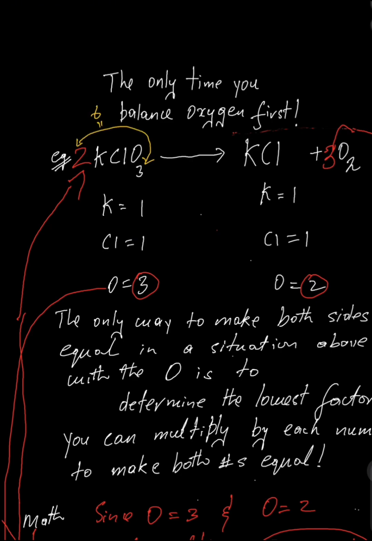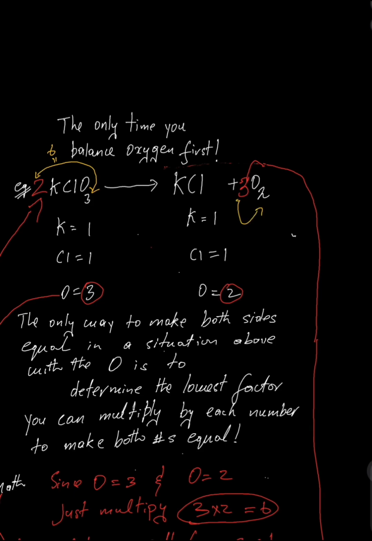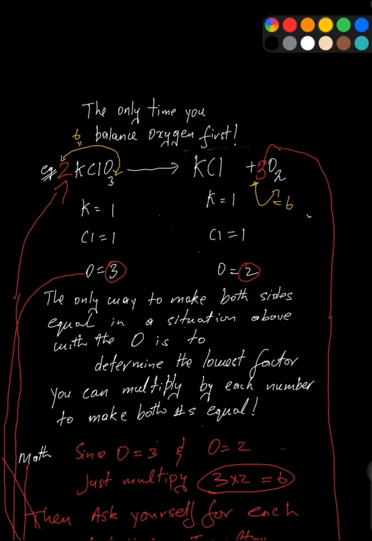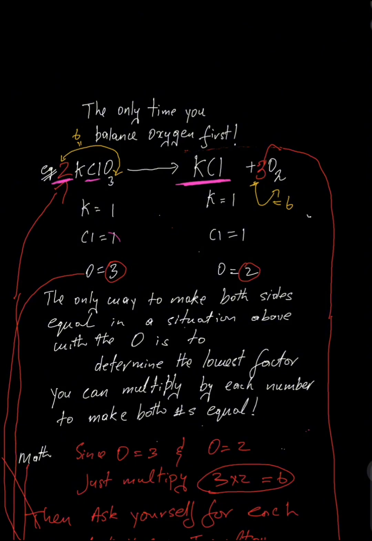Once you multiply to make both sides equal, you can really formulate an equation, and that equation will basically have only one variable. If you're looking at the reactant side, which has 3 oxygens, you need to ask yourself, what number can I multiply 3 by in order to get 6?